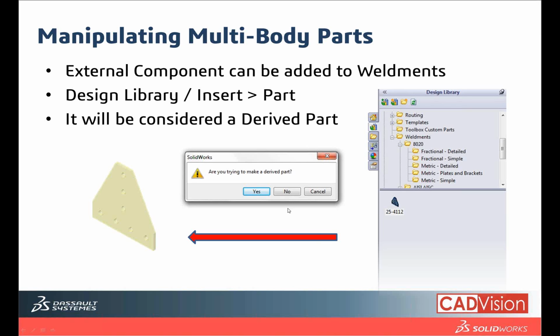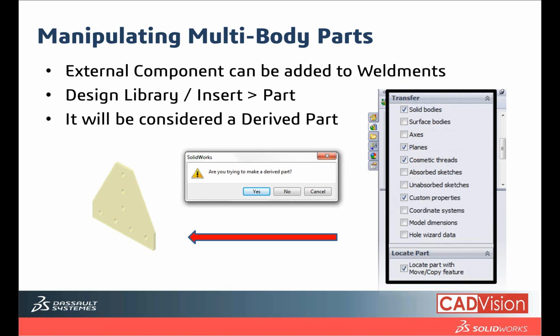So you can insert it into design libraries, and when you insert the parts, it will prompt you properties on your left hand side. We will have the options to choose what you want to transfer. Of course, solid bodies will be your main priorities to put in. Surface body, you might need it, you might not need it.